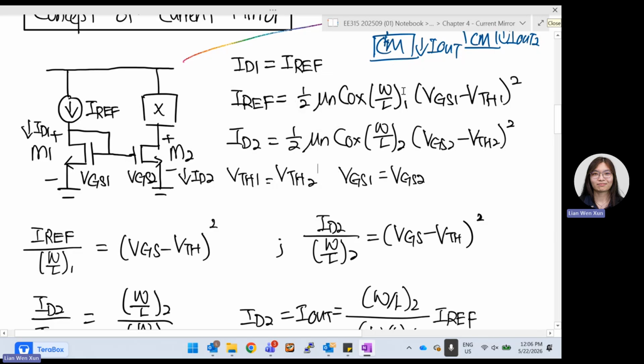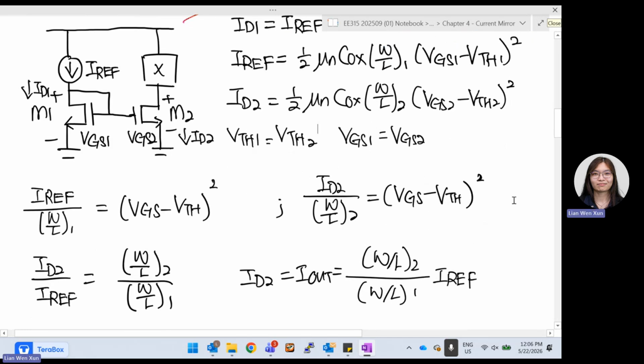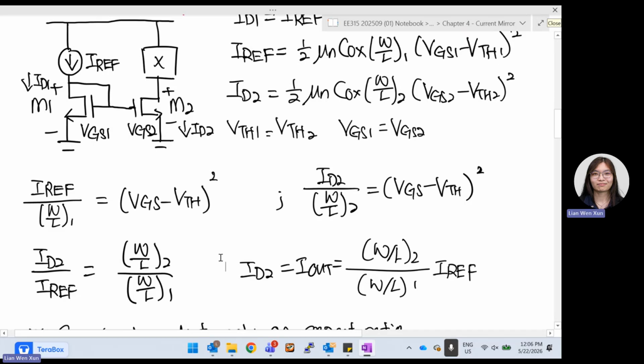So IREF divided by W over L1 is equal to (VGS minus VTH)squared, and ID2 divided by W over L2 is equal to (VGS minus VTH2) squared. Since VTH and VGS are all the same, I can say IREF over W over L1 is equal to ID2 over W over L2. So ID2 divided by IREF is equal to W over L2 divided by W over L1.